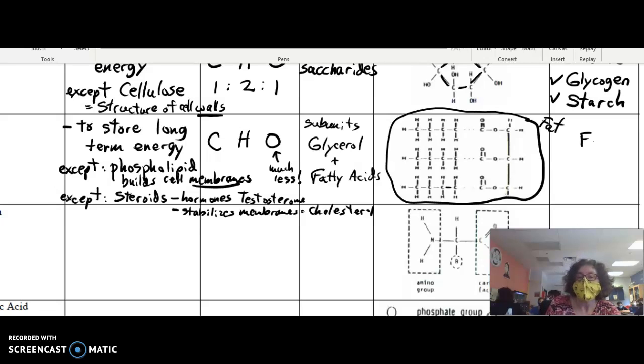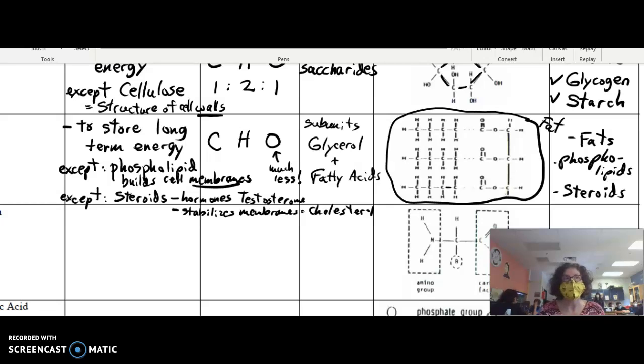So examples include fats and phospholipids, which I mentioned before, which are the special fats in cell membranes, and steroids, which are very weird shaped things that include cholesterol and hormones like testosterone and estrogen. Okay?